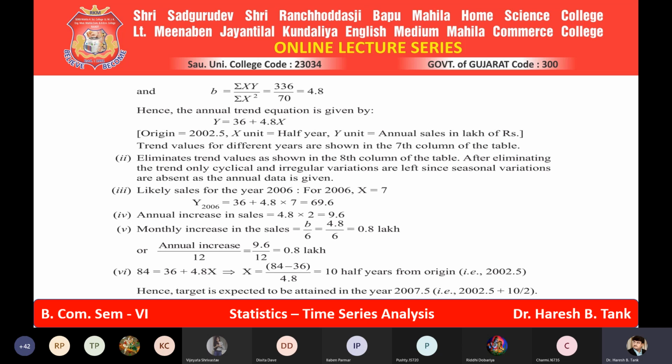So 2006 minus 2002.5 is 3.5. If you make it double, it becomes 7. So value of x is 7 for 2006. And in the equation, if you put x equal to 7, then simplifying it, you get Y, the sales for the year 2006, as 69.6.